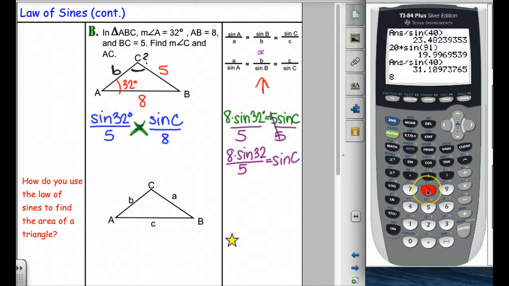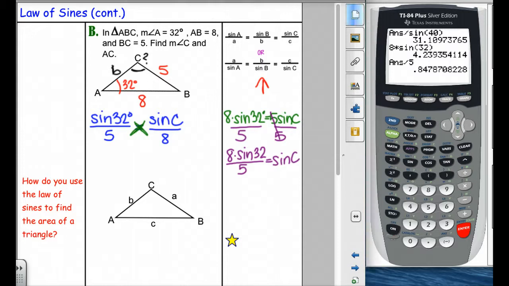So 8 times the sine of 32 degrees, and that is approximately equal to 4.2. And we're going to divide that by 5, and we get 0.84787082228, etc. So now what I'm going to do is take the inverse sine of this, because if I take the inverse sine of both sides, that's going to cancel out the sines and give me C, which is our angle measure.